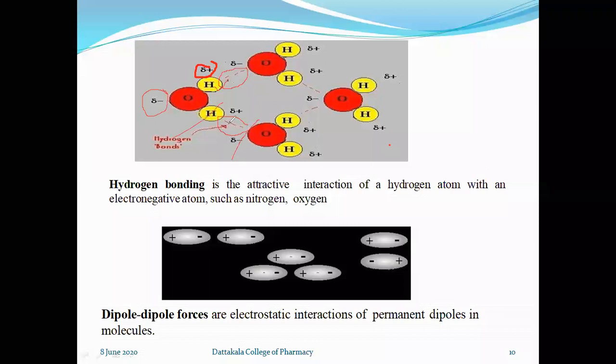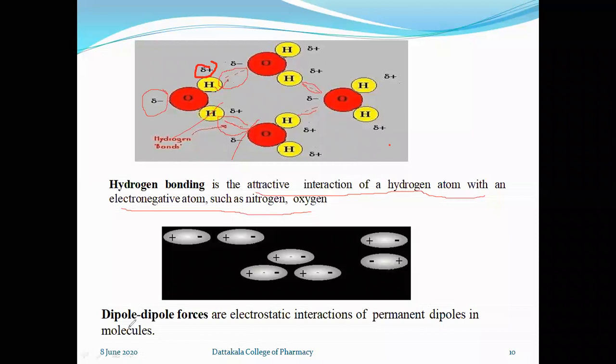Such linkages, such bridges, will be more between the solute and solvent, and at the end we will get a homogeneous mixture, a homogeneous solution. That is, hydrogen bonding is the attractive interaction of the hydrogen atom with an electronegative atom. It may be nitrogen, oxygen, or any other atom which has electronegativity and is present in the mixture.